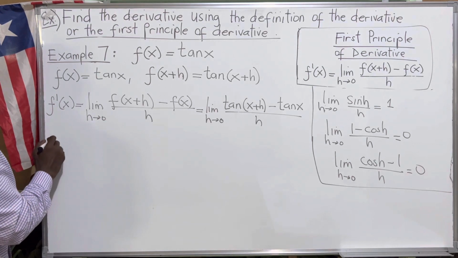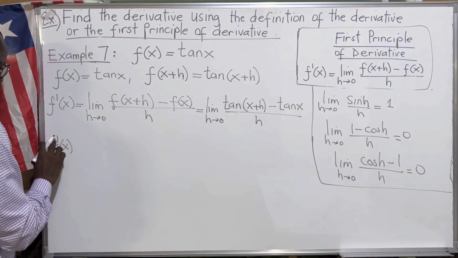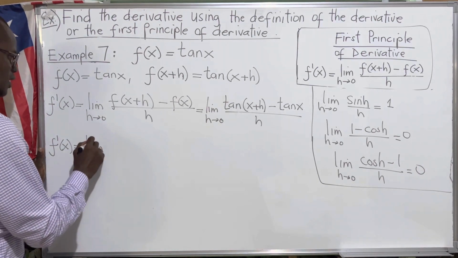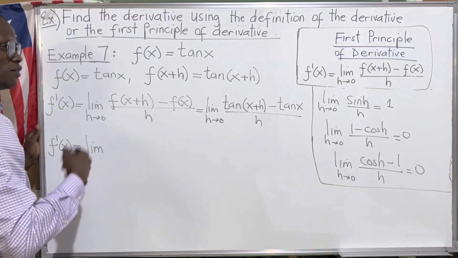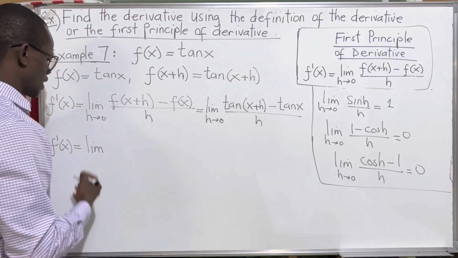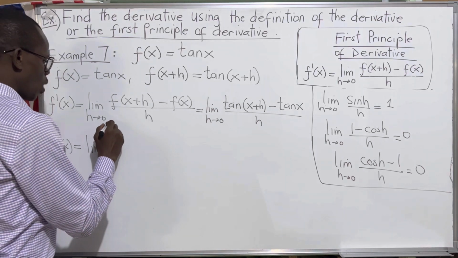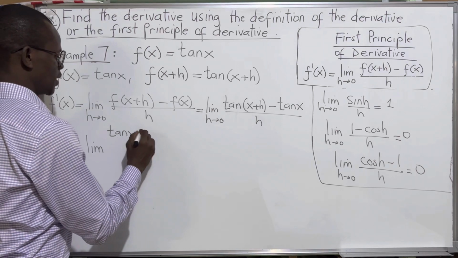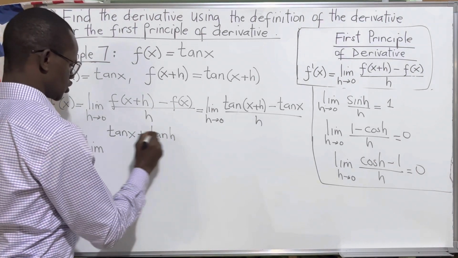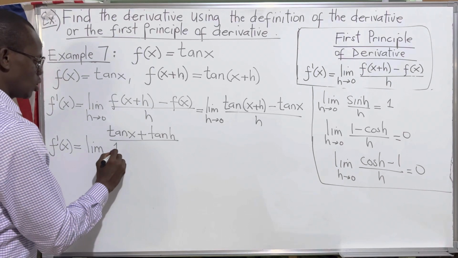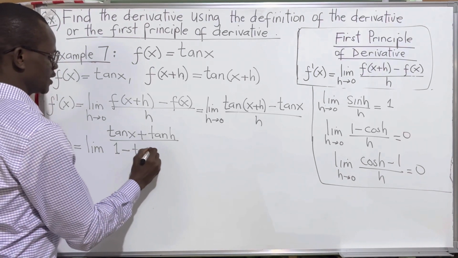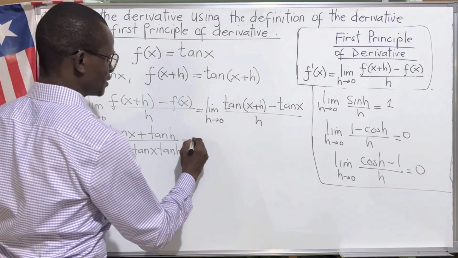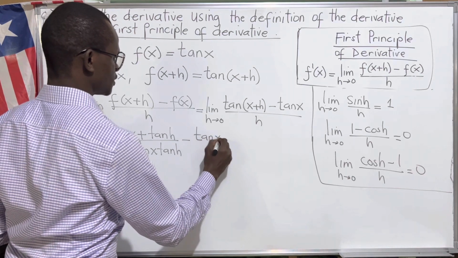According to the tangent of a sum identity, tangent of x plus h is equal to tangent of x plus tangent of h, all divided by 1 minus tangent of x times tangent of h, minus tangent of x.